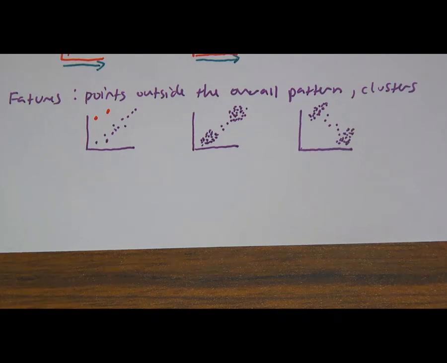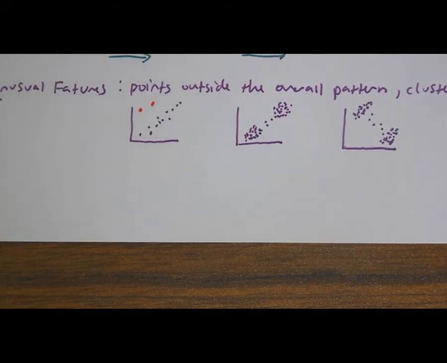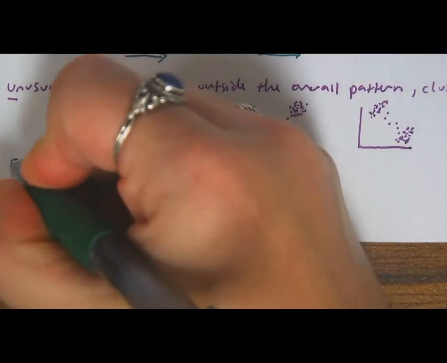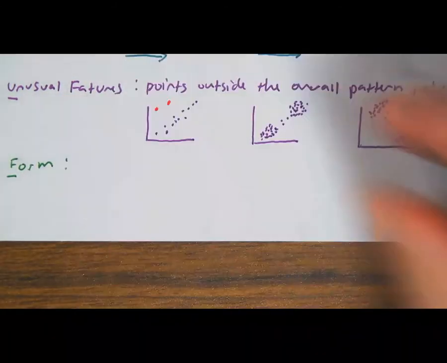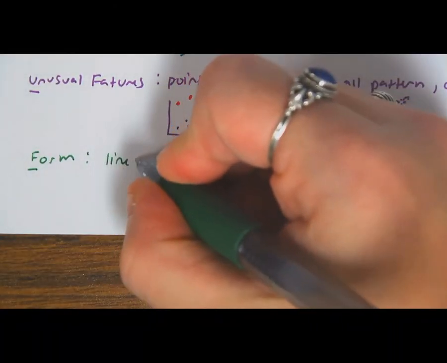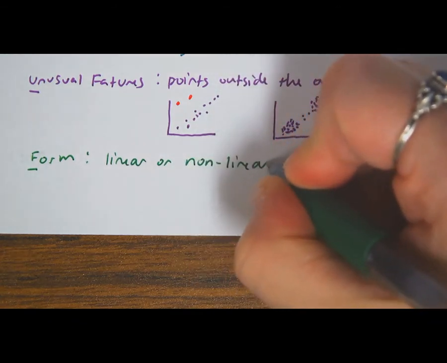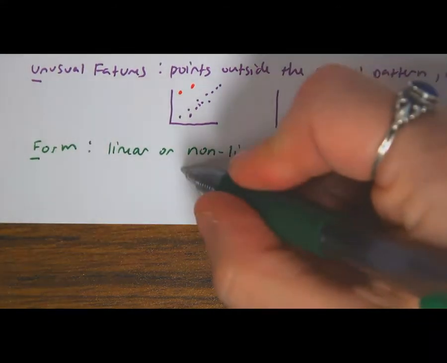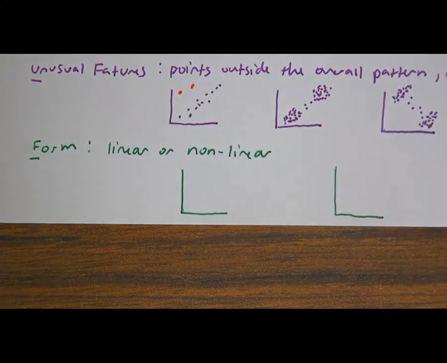If you can fit it on there, strength. Actually, hang on. F is form. Form. It's going to be linear or non-linear. Those are your only two options, okay? Linear.